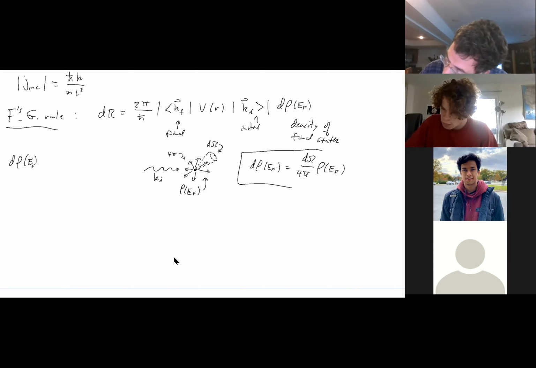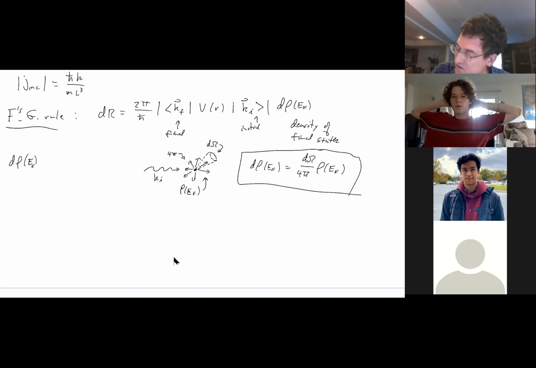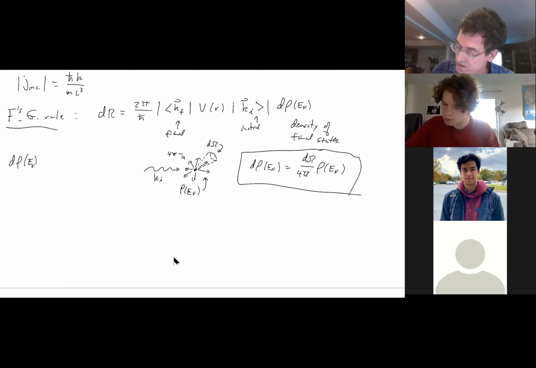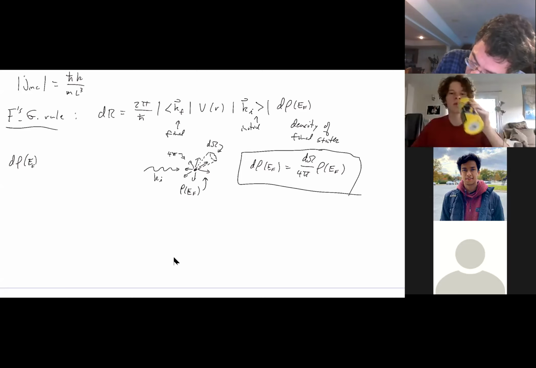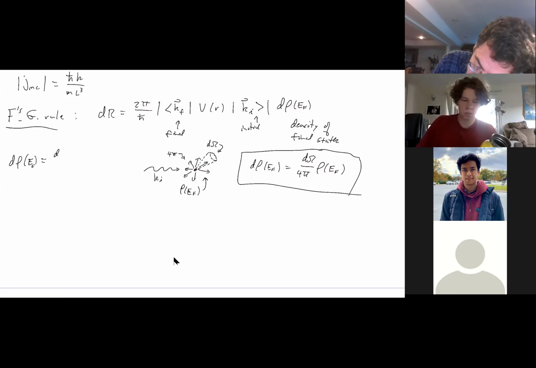That's an important concept, which I think is straightforward when you think about it. It's just a ratio. I'm only going into one part of the total solid angle defined by d omega. So d rho, the little differential density of states, is equal to d omega over 4 pi times the total density of states.